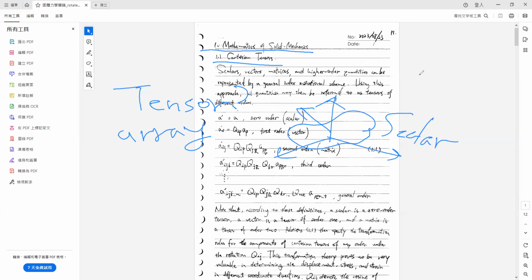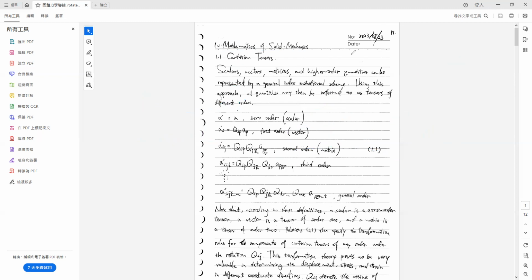And a matrix is a second order tensor. So: zero order, first order, second order.